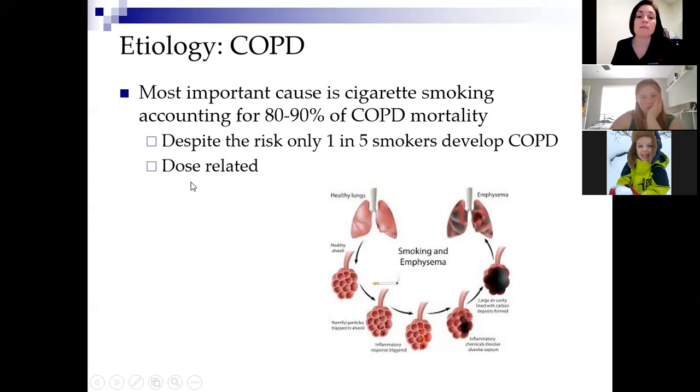So it obviously has something to do with genes. They say your genes load the gun, but environment pulls the trigger. Some people might be genetically at a disadvantage, or more likely to get COPD.